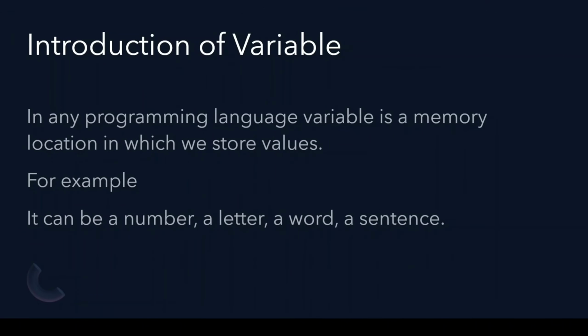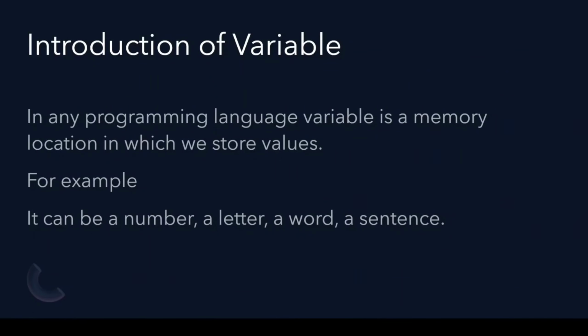First of all, introduction of variable. In any programming language, variable is a memory location in which we store values. For example, it can be a number, a letter, a word, a sentence. It means we can store any number, word, letter, sentences in a memory location with the help of variable.